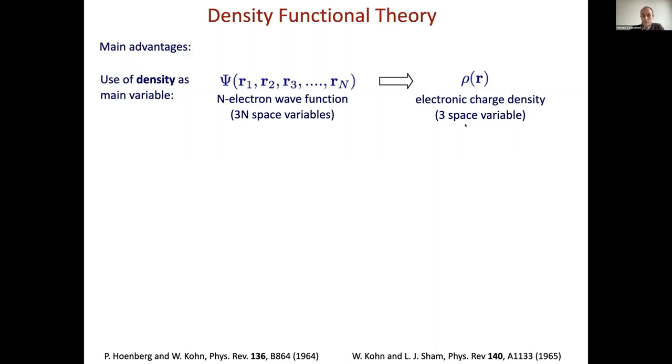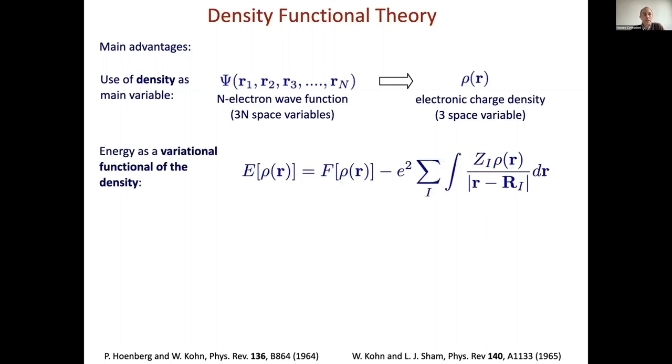Of course, we need to construct a theory that allows us to do that, and that was done by Walter Kohn in the mid-60s and his co-workers by defining density functional theory. So what makes density functional theory so useful and so practical in ab initio calculations is basically the Hohenberg-Kohn theorems, and in particular the possibility to write the total energy of the system as a functional of the charge density of the electrons.